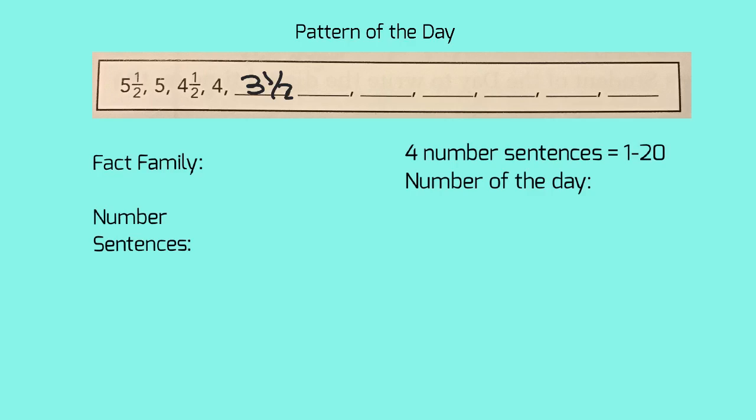After 3.5, the next number would be, get ready, 3. Good. And the next number would be, get ready. Yes, 2.5. And the next number, get ready. Yes, 2. The next number, get ready.